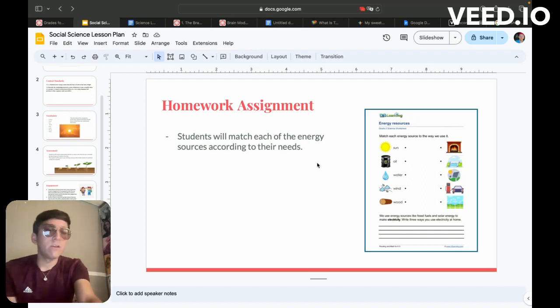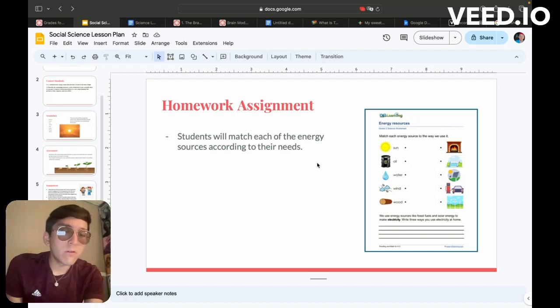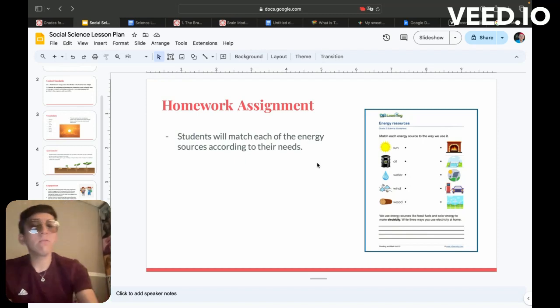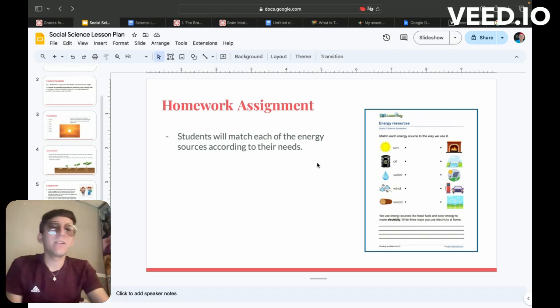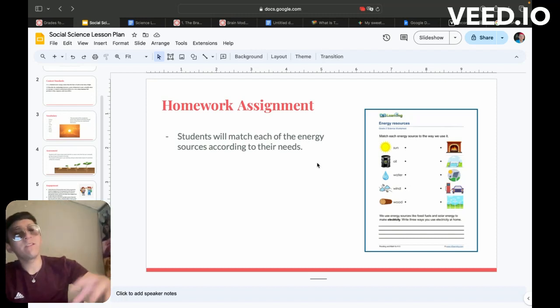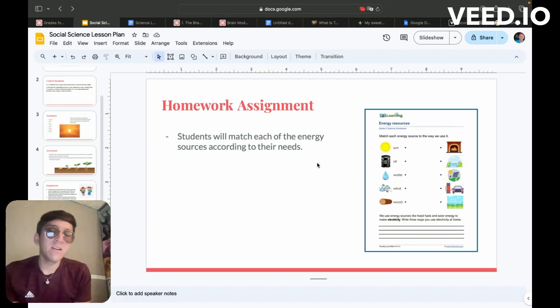The wind could be for the sun, solar panels, and the wood could be for the fireplace. That's a way of getting light, energy. The car is going to be oil.